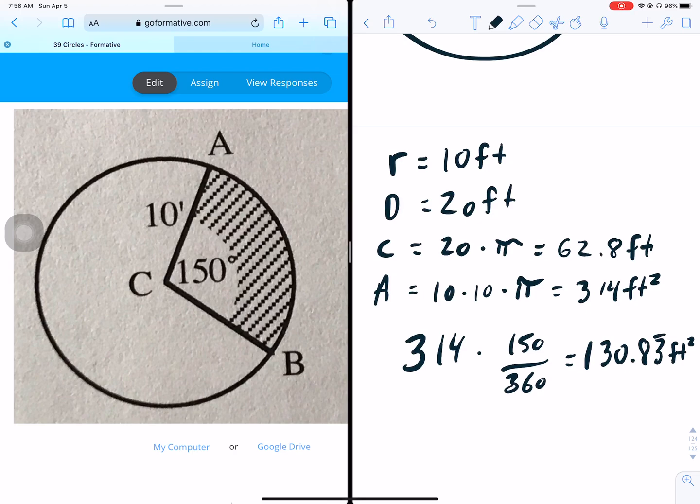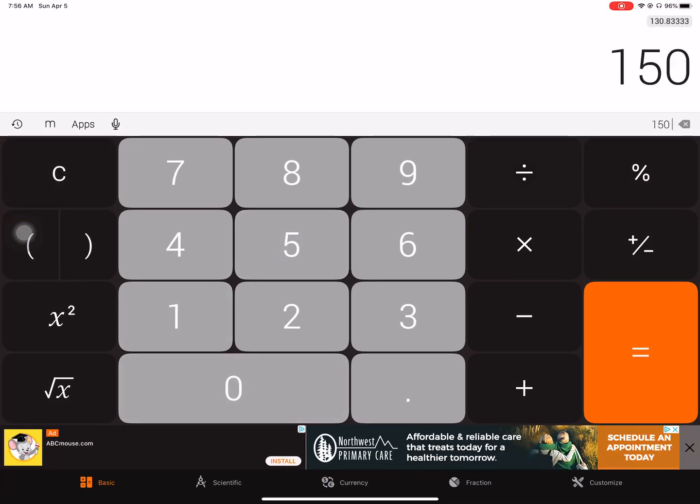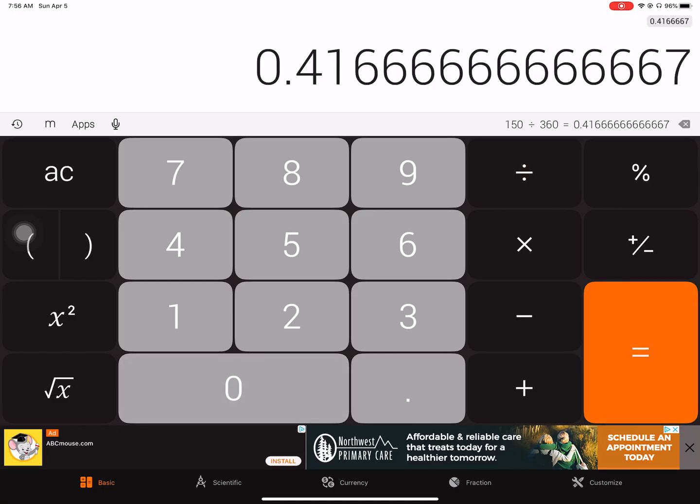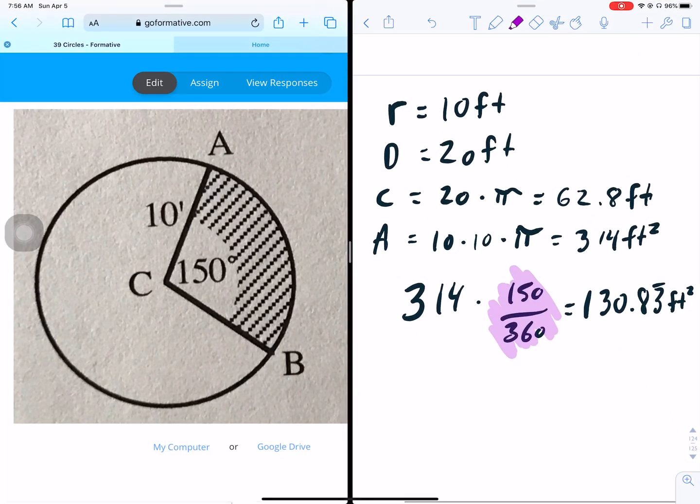If you ever get a degrees, just put it over 360. Some people do this. They'll take the calculator and they'll do 150 divided by 360 and actually get the decimal. 0.416 continuous.